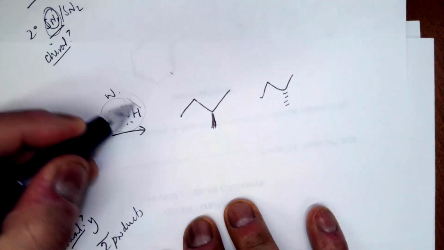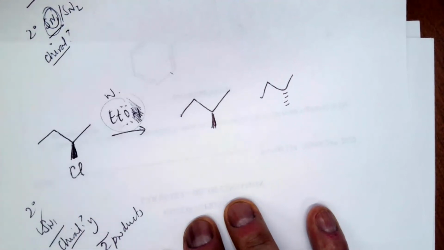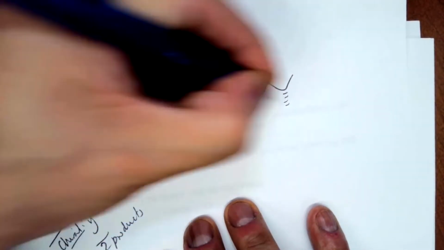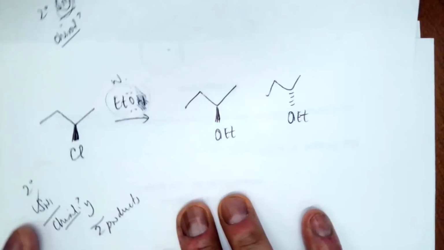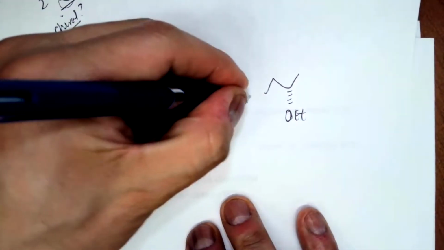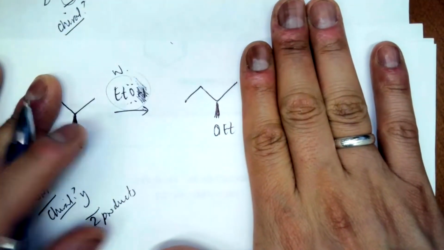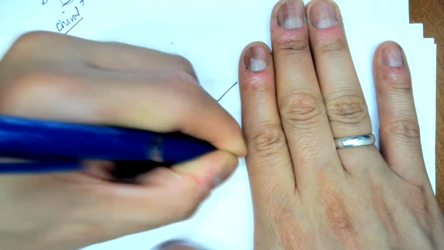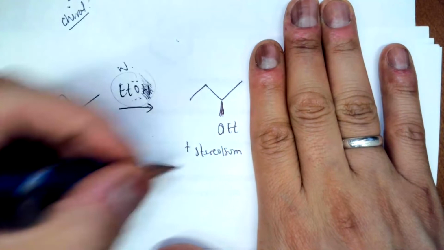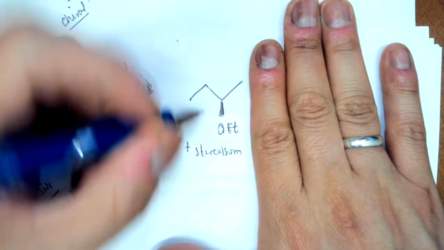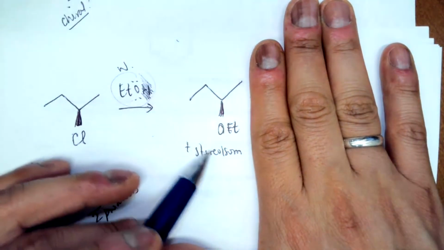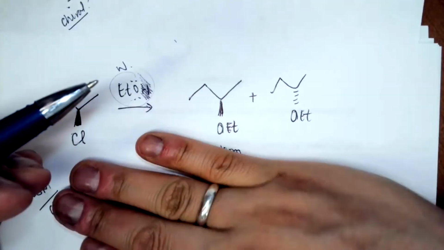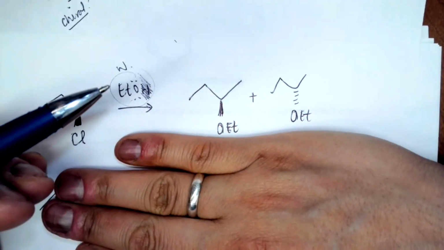EtOH is neutral. Erase the H, OEt, OEt. Okay. You produce the two products. Or you can just write this plus stereoisomer, whichever you prefer. OEt is ethoxy. Write plus stereoisomer, or draw both products.